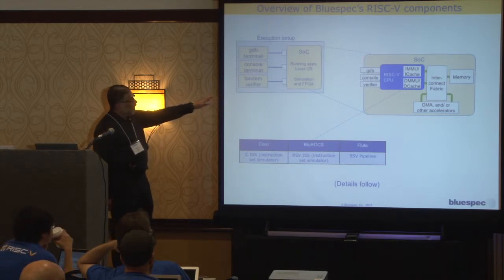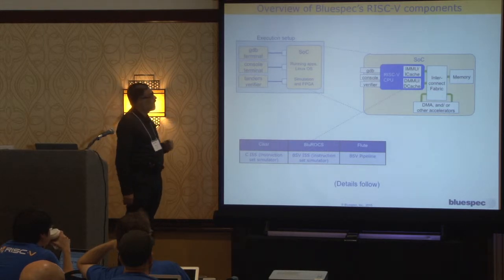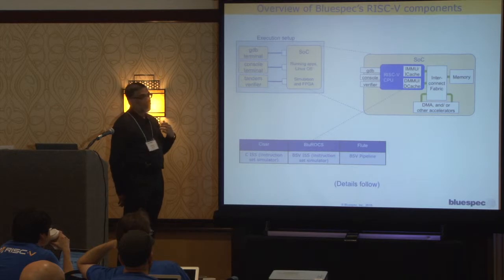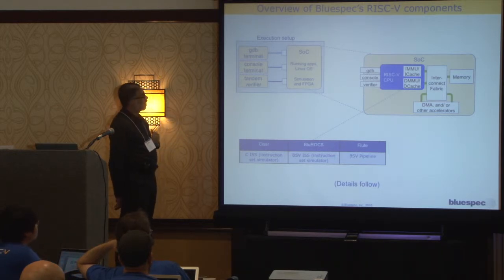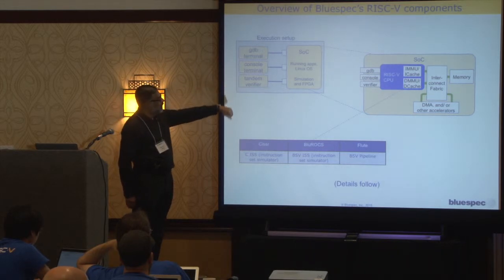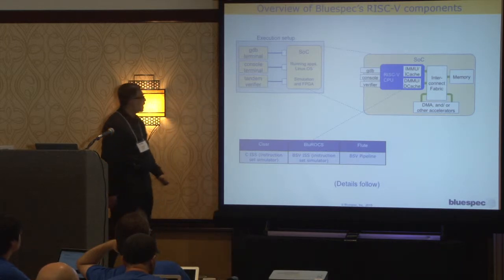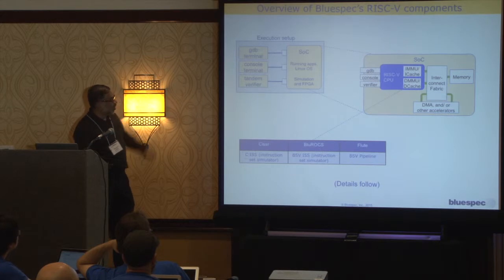We architect our things with these three interfaces: console I/O, direct GDB interfaces, and an interface for an off-board verifier for the CPU. When we do an execution setup, it typically looks like this. We have the SoC running, maybe in simulation, maybe on FPGAs, and we connect to various things like GDB and terminals and what we call tandem verifiers. I'll say a little bit more about all of this as we go forward.